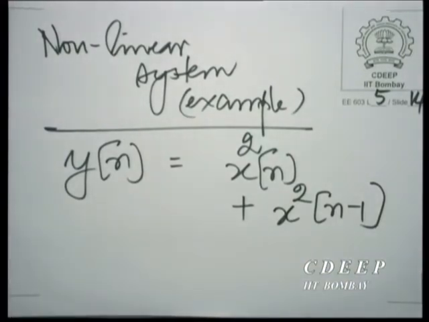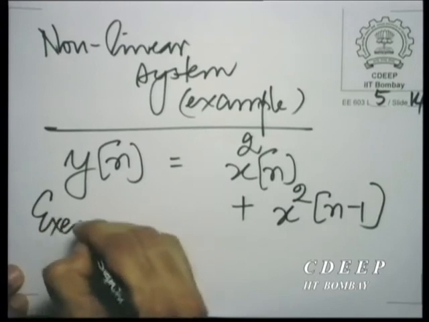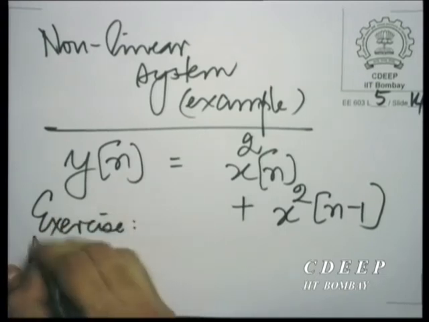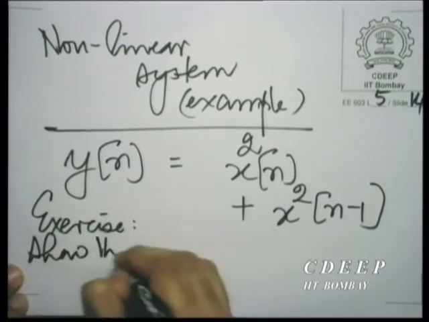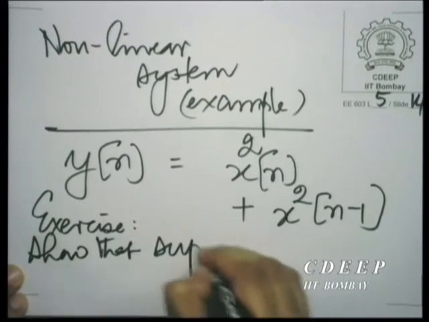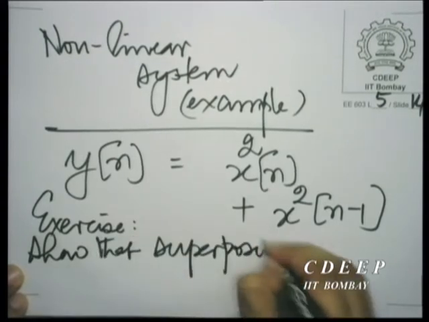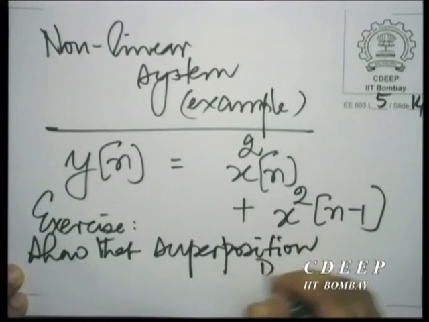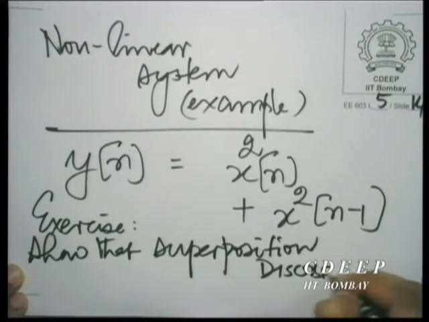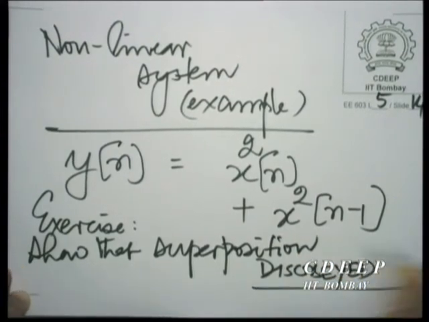So, I square the current input sample and add to it the square of the past sample, and I leave it to you as an exercise. Show that superposition is disobeyed.